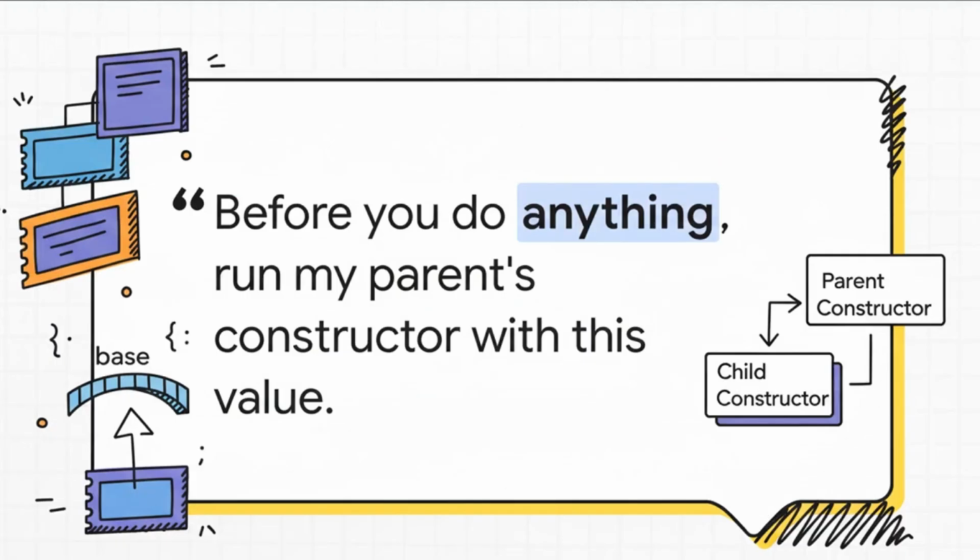This little piece of code right here, this is the magic. base(ticketID). This is a direct order. It tells our event ticket, hey, before you do anything else, you have to run the constructor of your parent class, ticket. And, by the way, here's the ticket ID it needs.